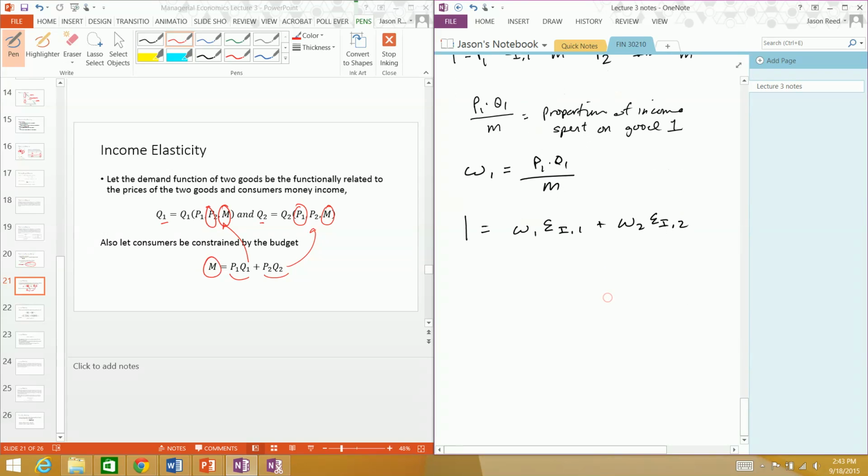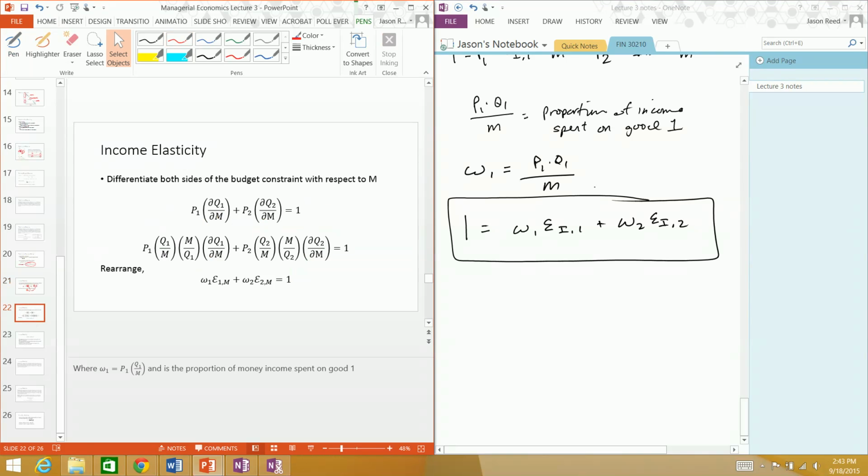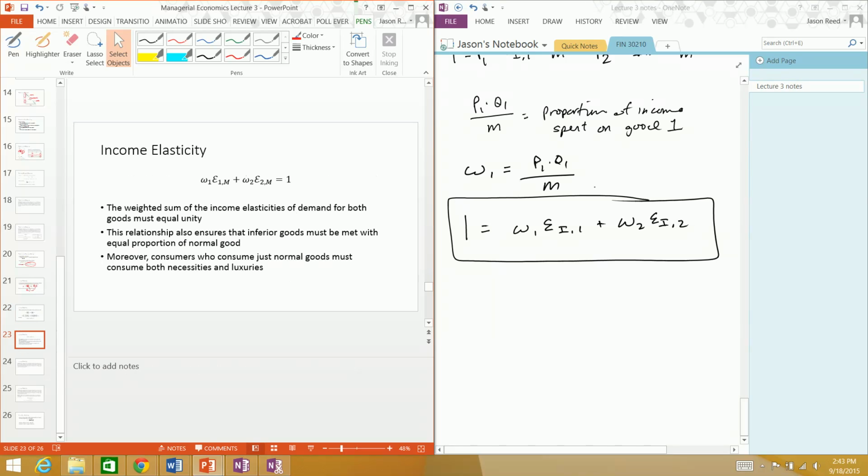Good. So now this is what we want to use, this last little bit, because it's going to tell us something really important here. If we're talking about goods like necessities and luxuries, then with this weighted sum of income elasticities, it tells us that inferior goods must be met with an equal proportion of normal goods.